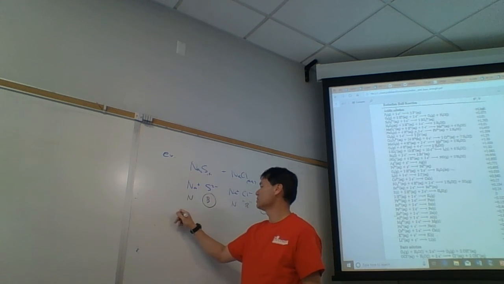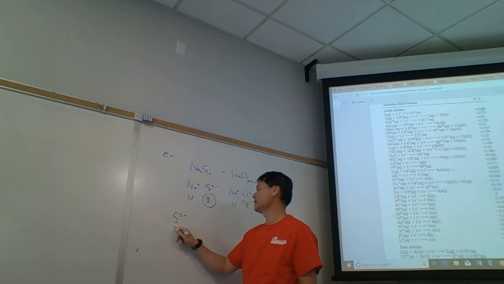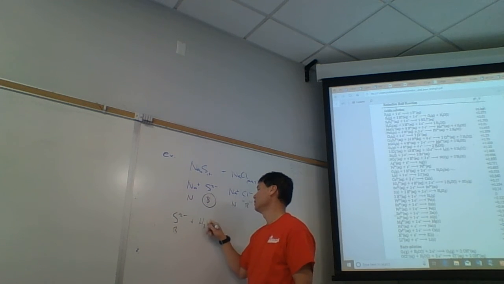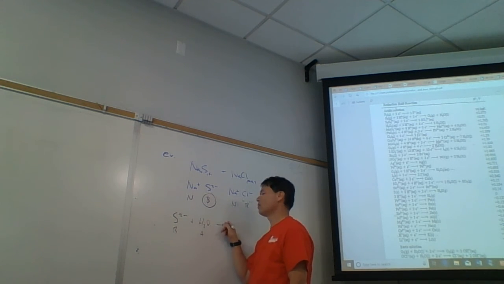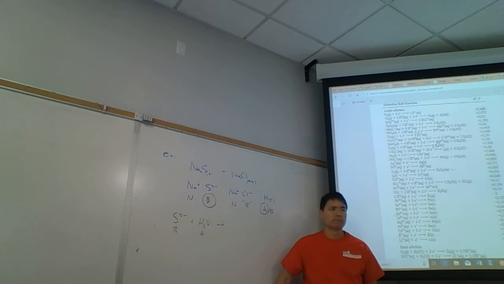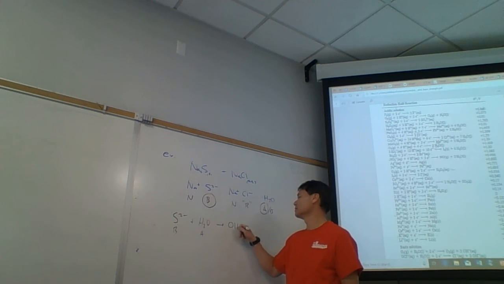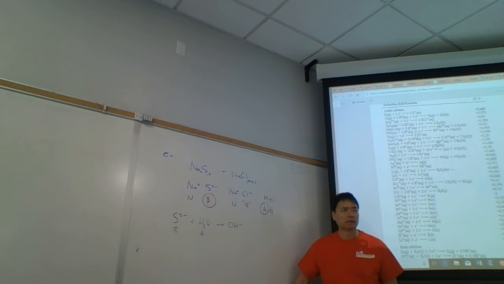And so the reaction is sulfide, which is our base, reacts with water, which is our acid. What forms? Yeah, hydroxide's one of the products. What's the other product? HS minus. That's correct.